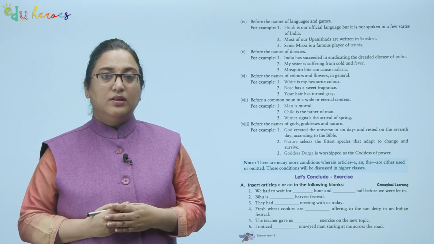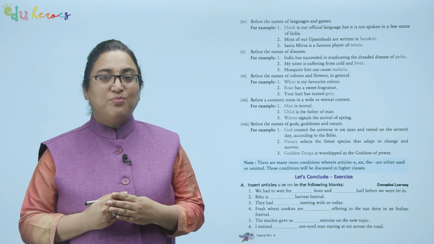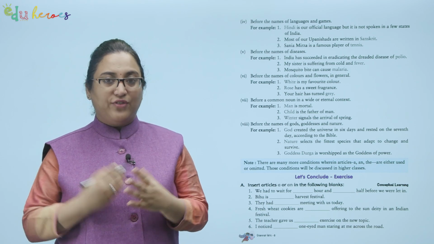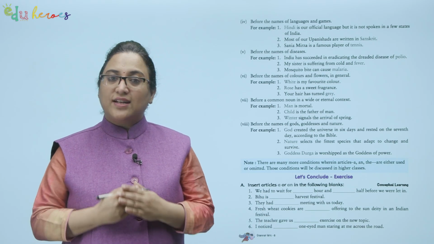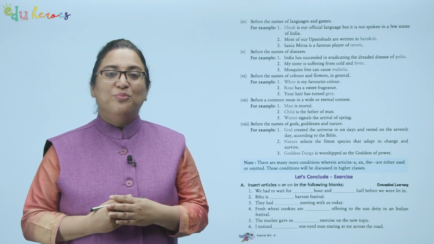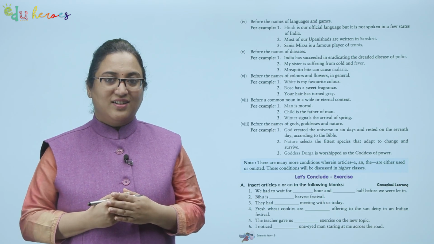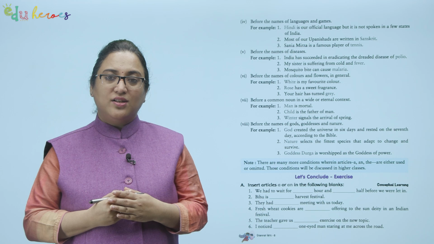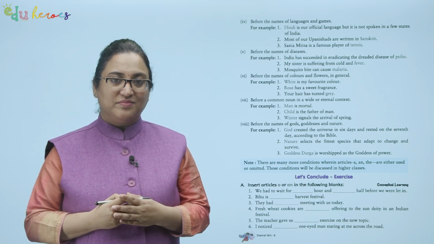For example, Hindi is our official language, but it is not spoken in a few states of India. Since Hindi is the language mentioned in the sentence, we will not require any article. Most of our Upanishads are written in Sanskrit. So what is the language here? Sanskrit. We will not use any article before it.